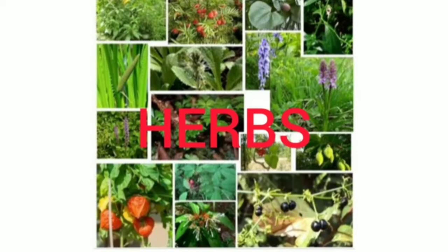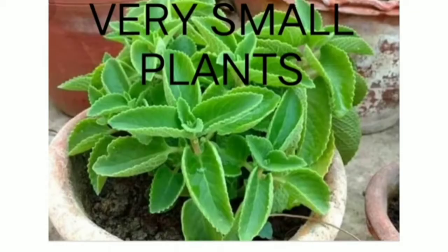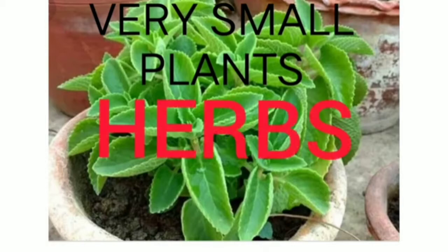Children, in the last video, we saw many herbs. Yes, no? In the gardening activity class, we saw the herbs. The herbs are very small plants. Herbs are very small plants.